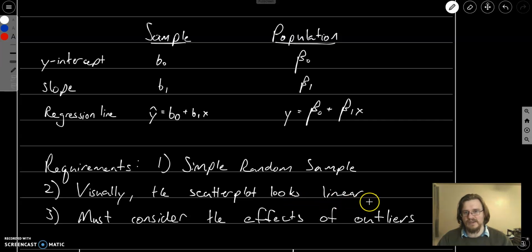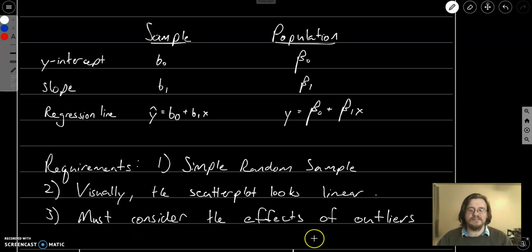This is quite vague and subjective. There are more objective ways to describe this, but essentially, if the scatter plot doesn't look linear, if it looks like it's wiggling around or there's not a whole lot of correlation, then finding the line of best fit doesn't really make sense to do, mathematically speaking.